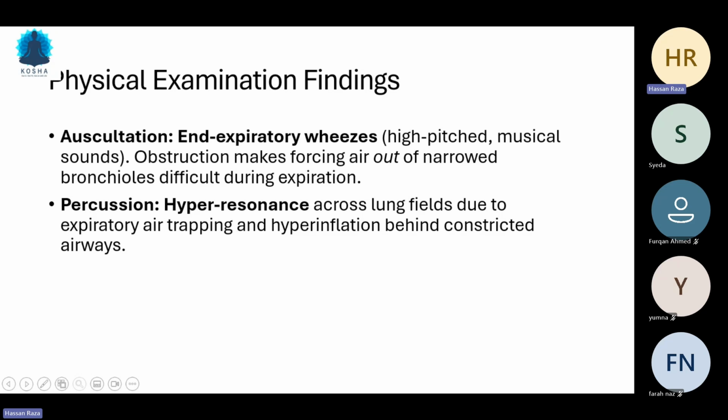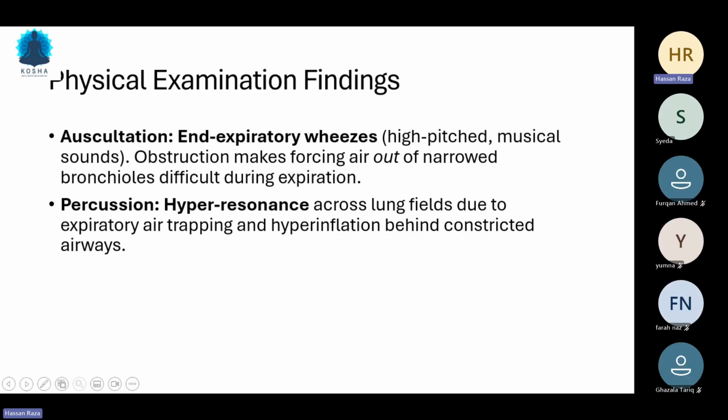Another thing which helps doctors diagnose asthma is percussion: you will feel that the lung is expanded, and I will tell you why the lung is hyperinflated in this asthmatic condition. When the lungs are hyperinflated and you percuss, you tap the body, you will hear a hyperresonant sound. I'll tell you why the lungs get hyperinflated when I talk about the pathophysiology.